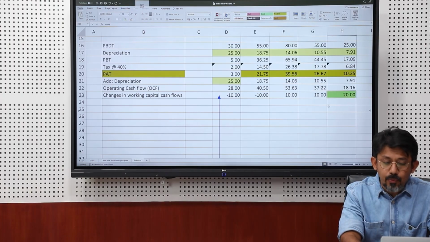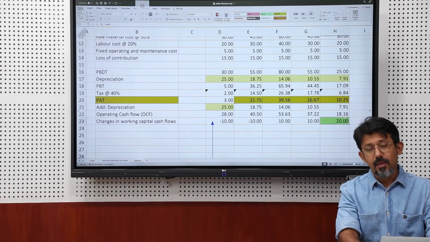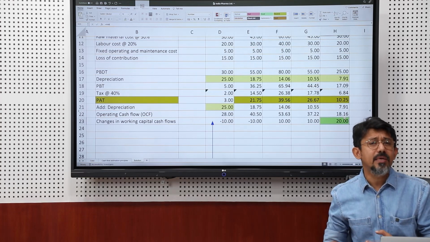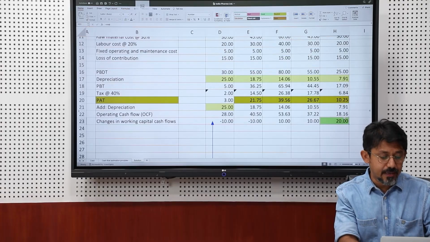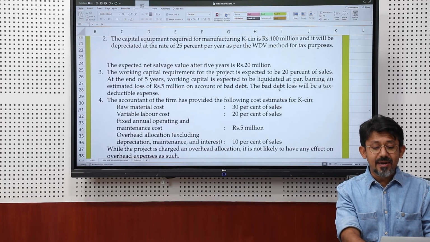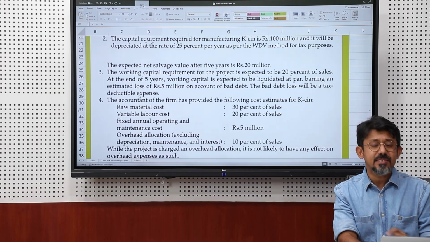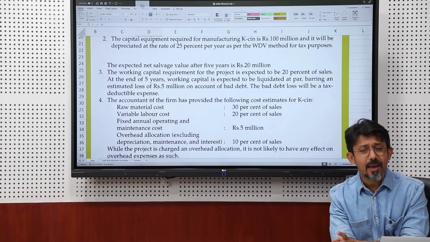I have written 20 over here instead of writing 15, because the amount that came back to me is only 15 million and not 20 million. 5 million was bad debt. If you read the case, you are also told that the bad debt loss will be tax deductible expense. Now, what do I mean by a tax deductible expense?